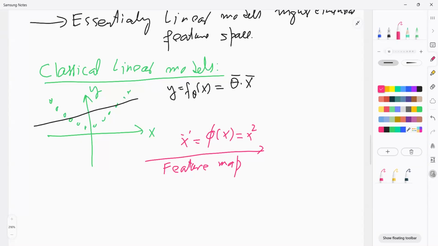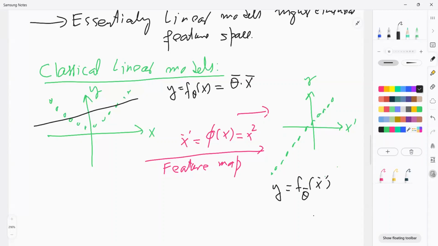And in this case, suppose we get something like this. So our y versus x prime could be something like this. Okay. And now I can fit a new linear model. Y is equal to some f theta in X prime domain as something like theta dot x prime, and the model fits pretty well.